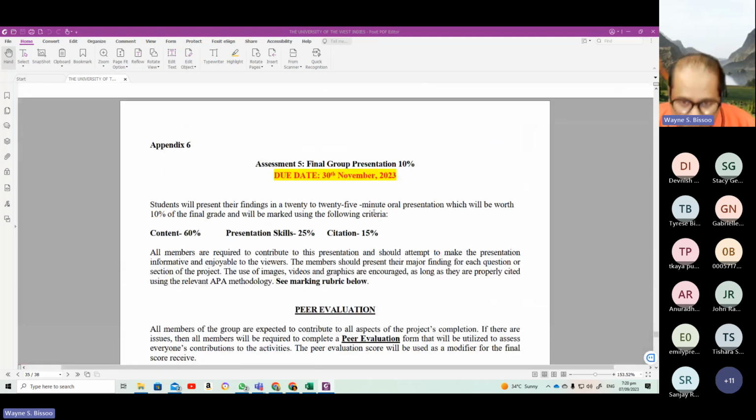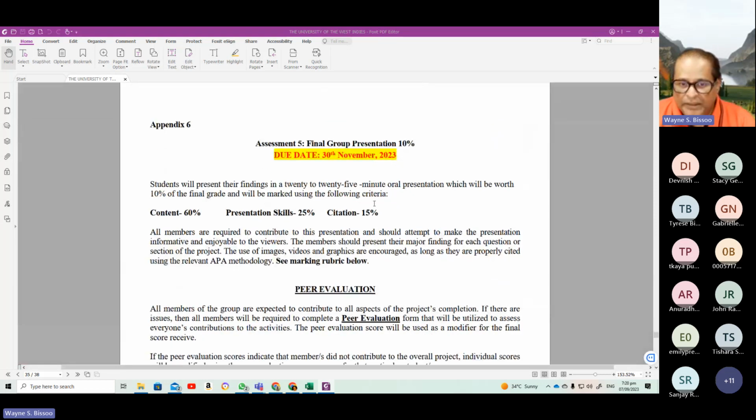The presentation is going to be a 20 to 25-minute presentation. I would say up to 30 minutes maximum, from each group presenting their findings from the research that you did. And in essence, as with all presentations, you'd start with an introduction where you introduce all the members of your group and you do an overall introduction to the country.